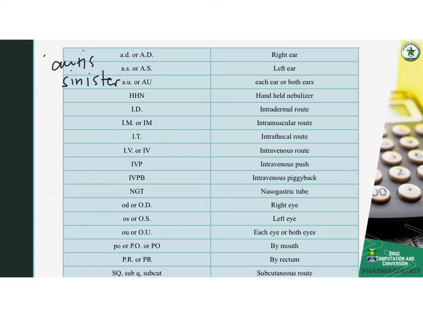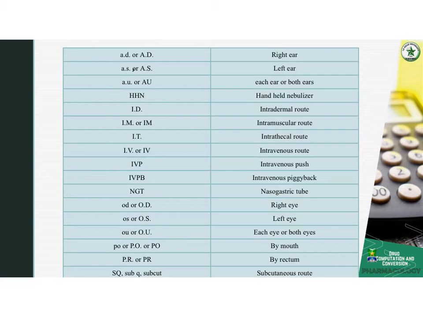That's why auris sinister, or AS, means left ear. Now we have AU. AU stands for auris utraque, or in medical English, both ears.